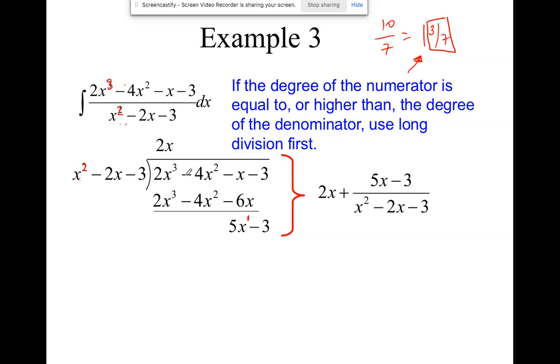So the result of my division is 2x and my remainder on top of what I was dividing by. Right? That's what you did over here. 7 goes into 10 one time. The remainder was 3 on top of what you were dividing by. Notice I dropped the calculus to do algebra 2.